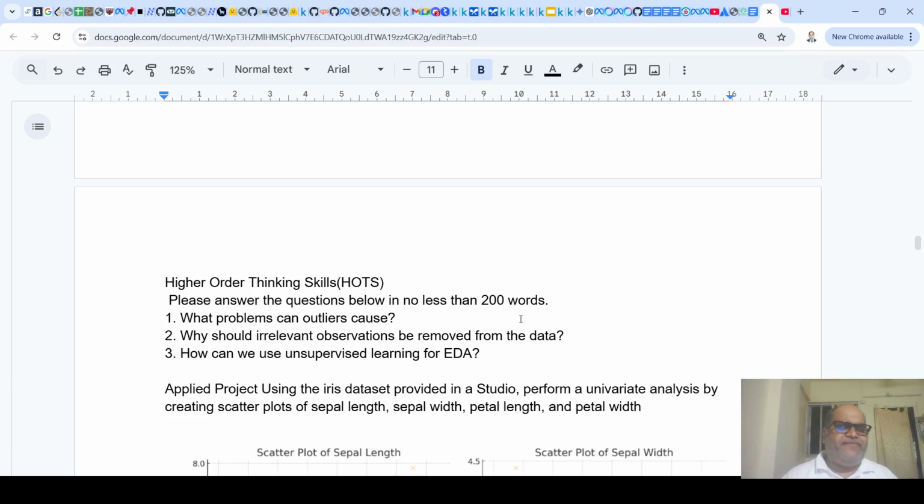Unsupervised learning for EDA. Exactly what we are doing here, we can look at exploratory data analysis, and from there we can group data automatically based on how far they are.